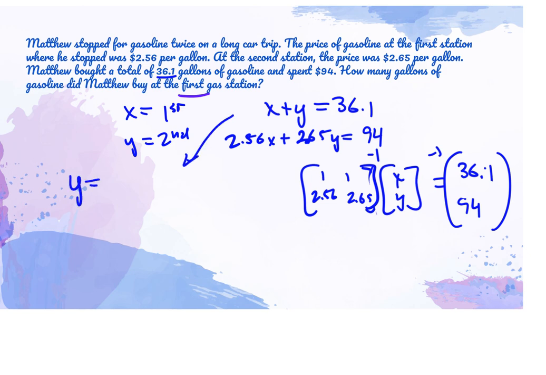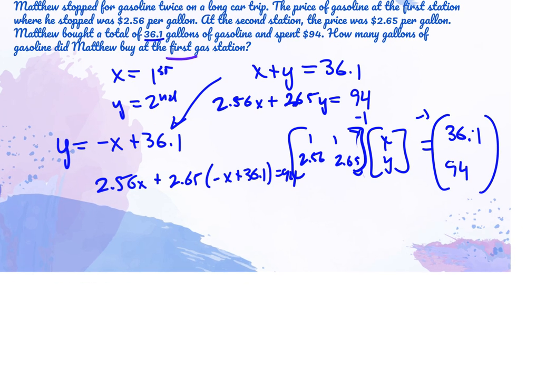So y equals negative x plus 36.1. So now substitute that. 2.56x plus 2.65, but instead of y, negative x plus 36.1 equals 94. So now do some calculator mashing.